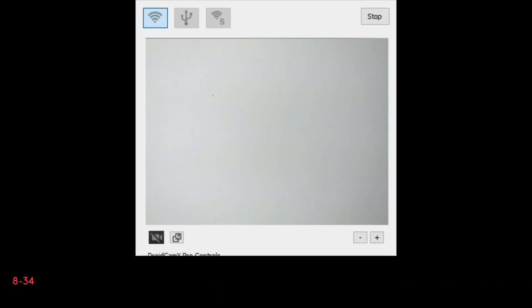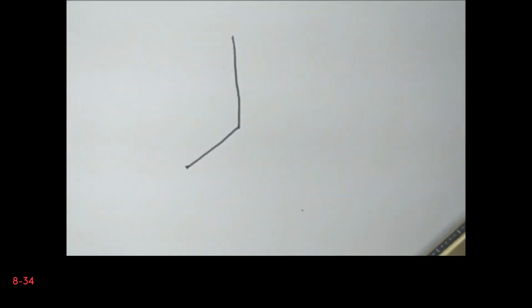We will make a simplified sketch. So this is our handle. In fact, we have a force in this direction.